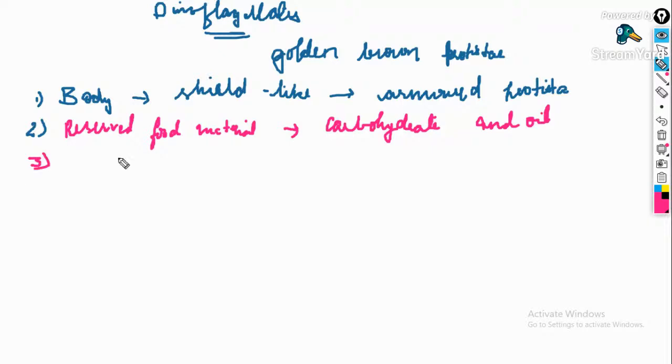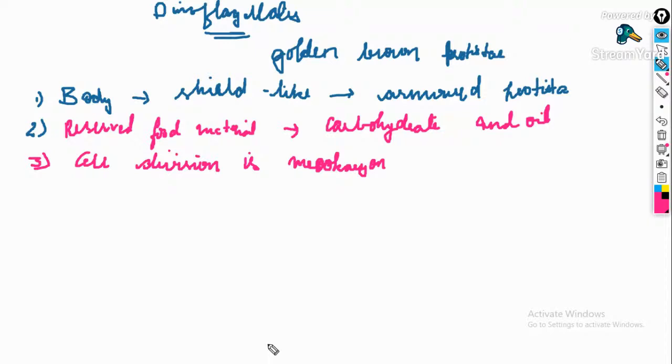Third point, their cell division is mesokaryon type of cell division.